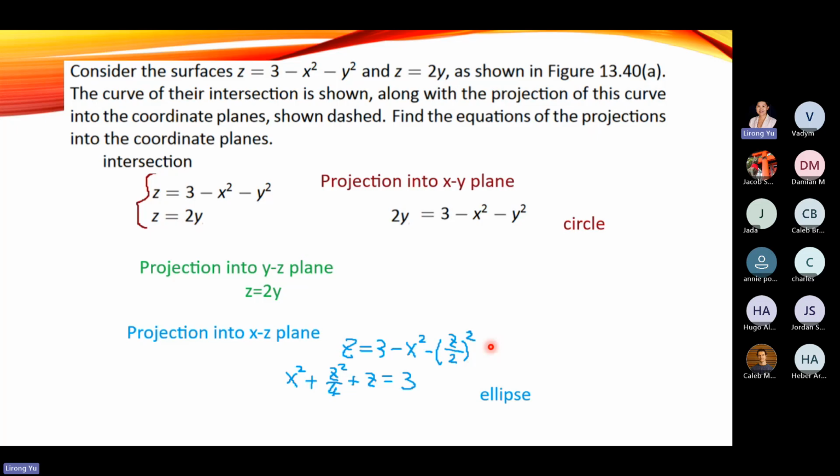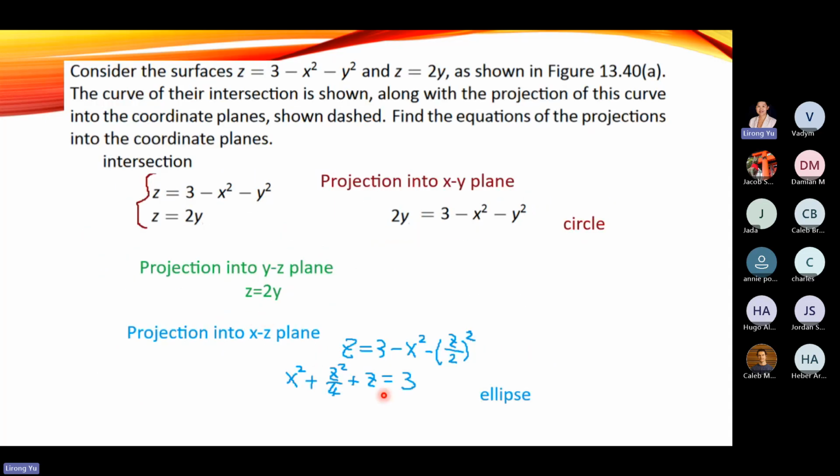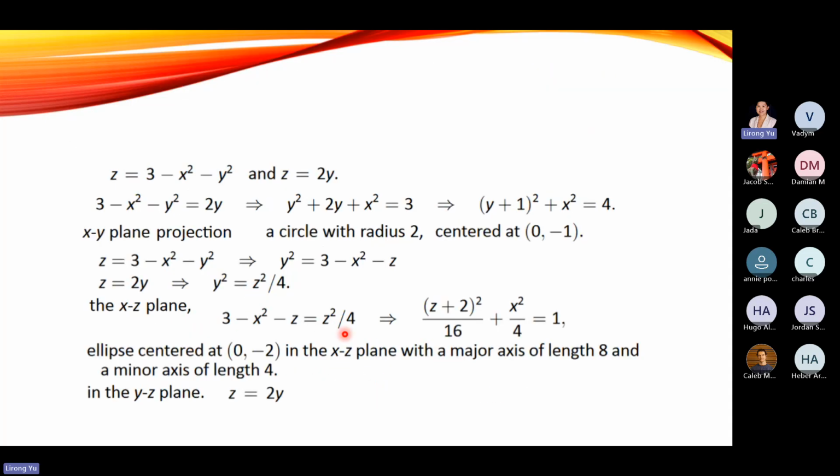All right. Then in the textbook, this is the solution. The projection onto the xy plane is a circle with radius 2. So we even go as far as determining the center of the circle. The projection onto the xz plane is an ellipse. It was this, same as what we have here, but after combining and completing the square, we have an equation of an ellipse.